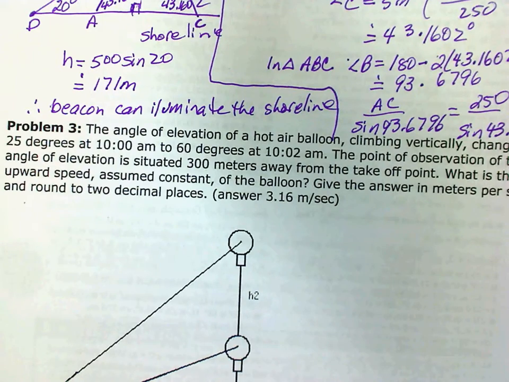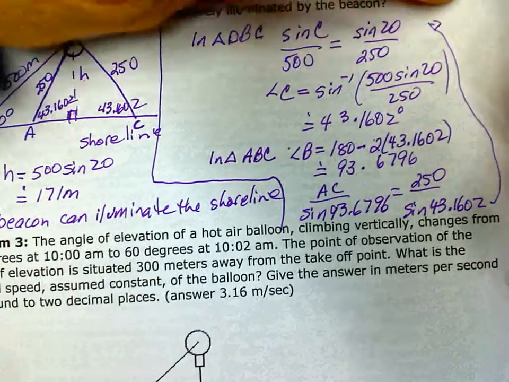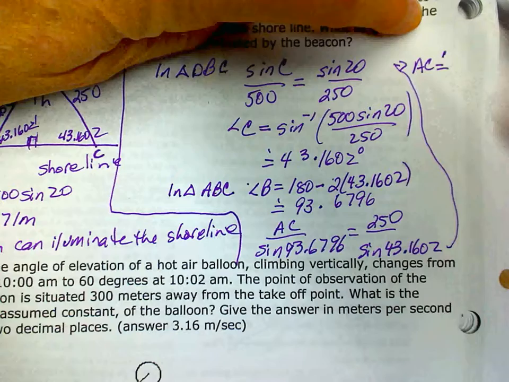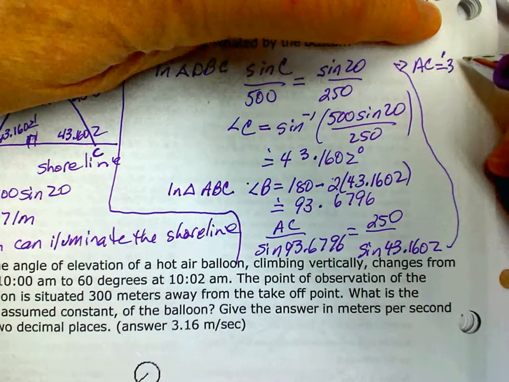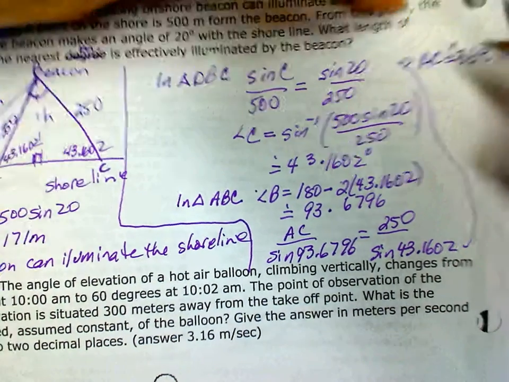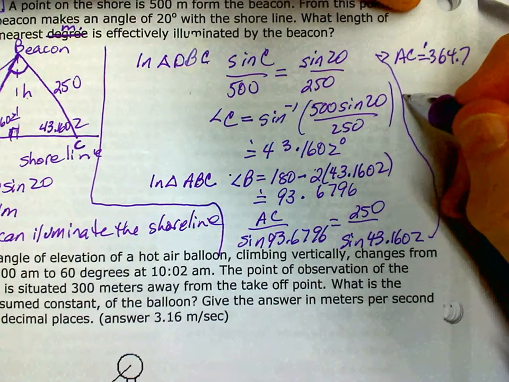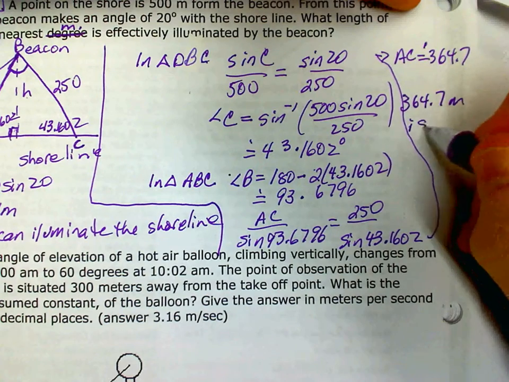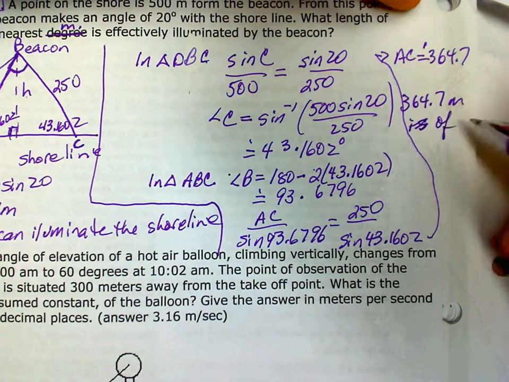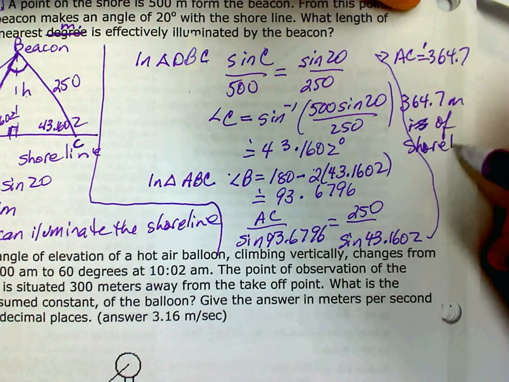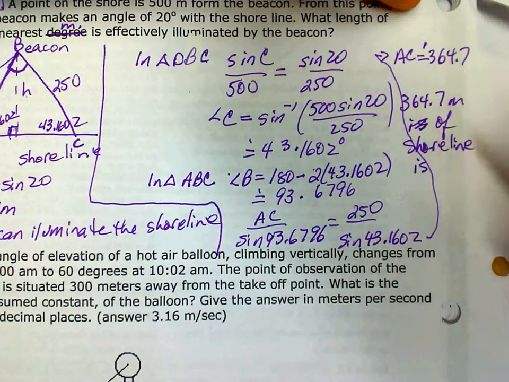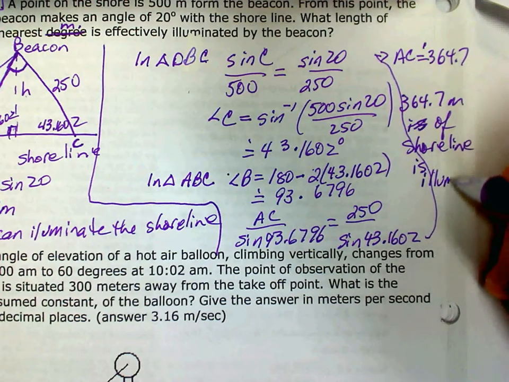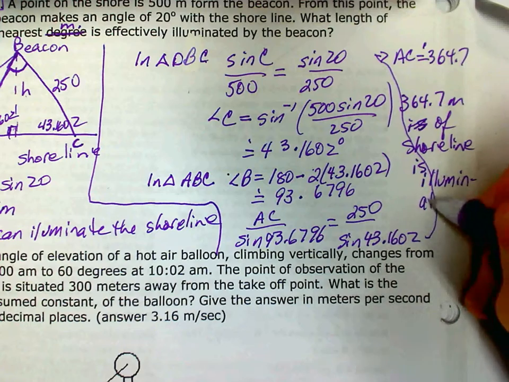So I get AC is approximately equal to 364.7. 364.7 meters of shoreline is illuminated by the beacon.